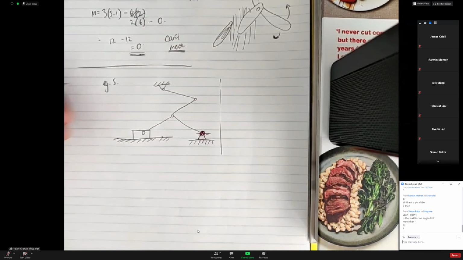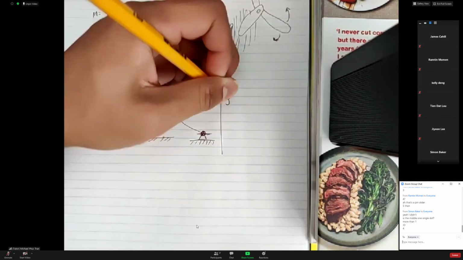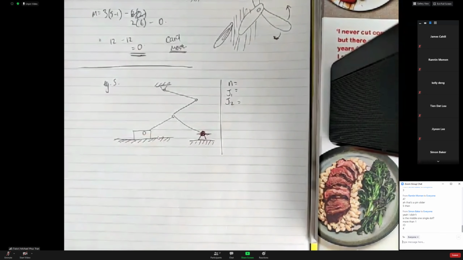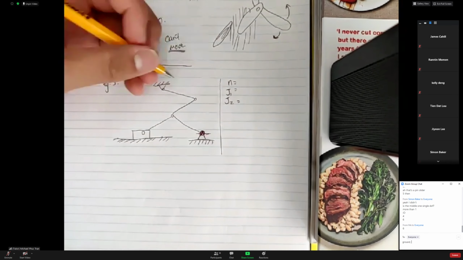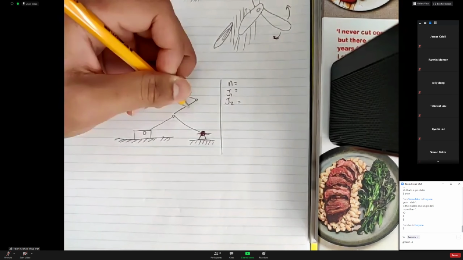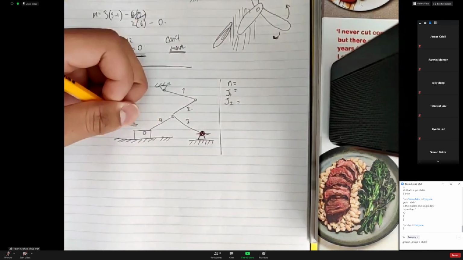All right, first off, break it down. N, J1, J2. How many bodies do you reckon we have? 6. So 1, 2, 3, 4, 5.